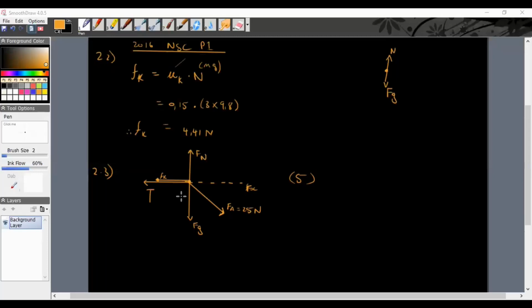Lovely stuff. 2.4. Calculate the magnitude of the kinetic frictional force acting on the 1.5 kg block. Okay, it's a different story now, because now the components come into effect.